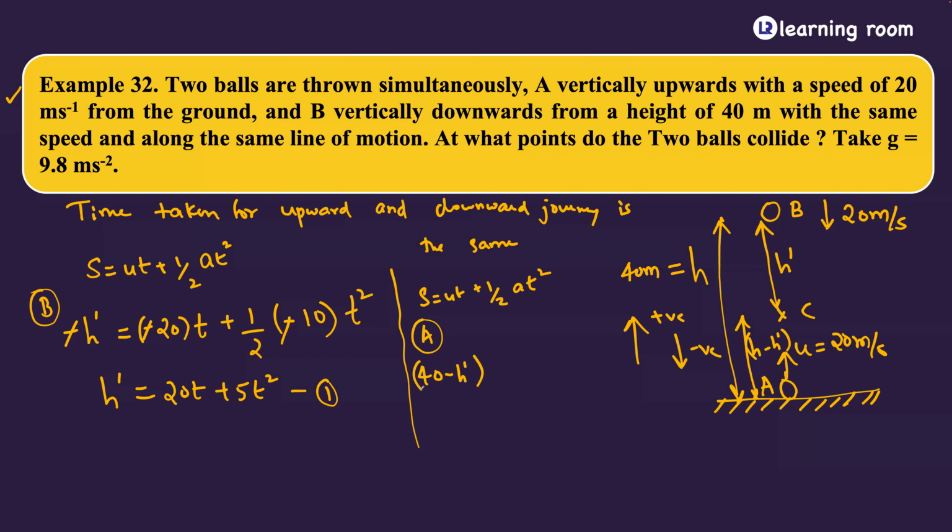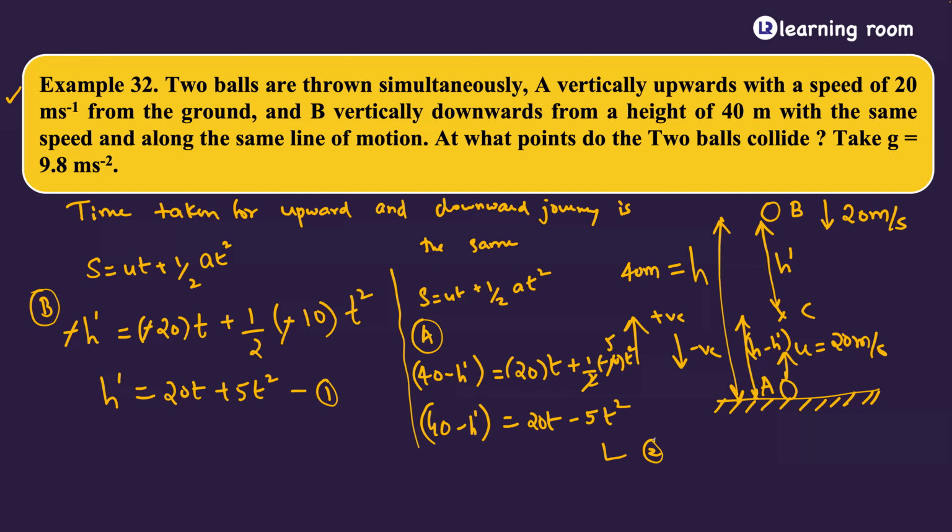So 40 minus h dash is equal to 20 into t plus half into minus 10 into t square, which is going to be minus 5t square. Am I right? So it is going to be 40 minus h dash is equal to 20t minus 5t square. Let this be equation number 2.